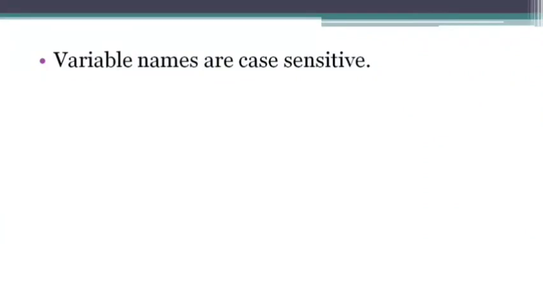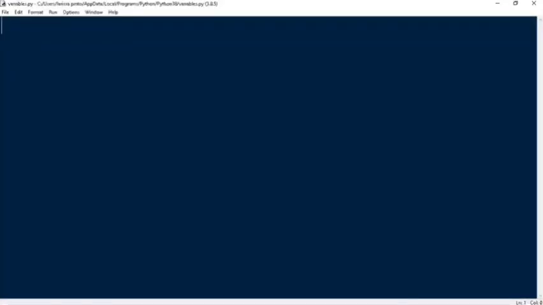The first rule is that variable names are case sensitive, which means that there's a difference between lowercase and uppercase variables. For example, if I write the variable age equal to 5, then I write the A capital Age equal to 10, and all caps AGE equal to 11.